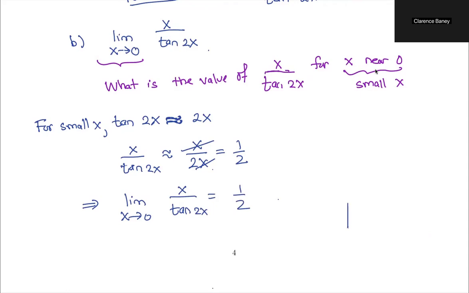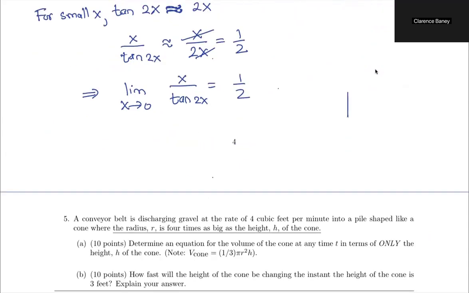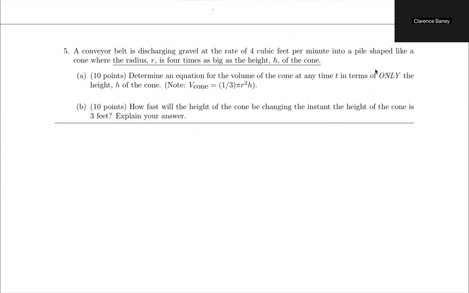And when they do use the word limit, what they intend is, all right, I'm looking at a small interval around zero, like from negative delta to delta, where zero is in the middle of that interval. And so what's happening in that small interval? But in order to do that, you have to remember that limit specifically means that I'm in a neighborhood. And that's an important idea moving forward.